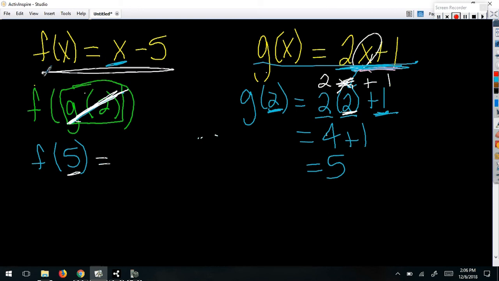Well, f of x is x minus 5. So then f of 5 must be 5 minus 5. The x gets dropped and gets replaced with 5. And you get 0. It just happened to be what came out. So f of g of 2 is equal to 0.